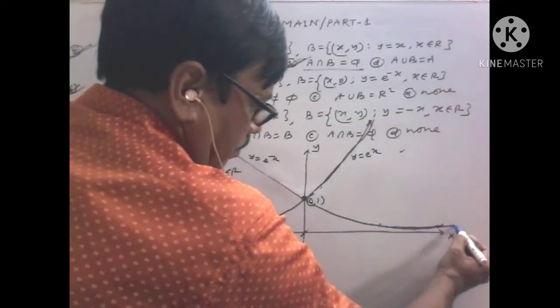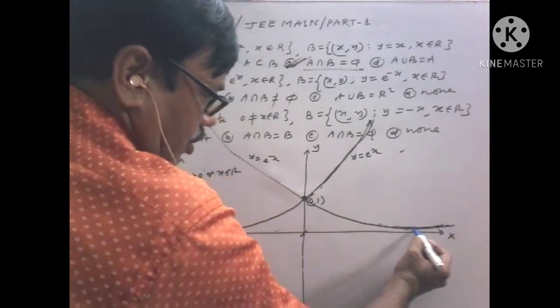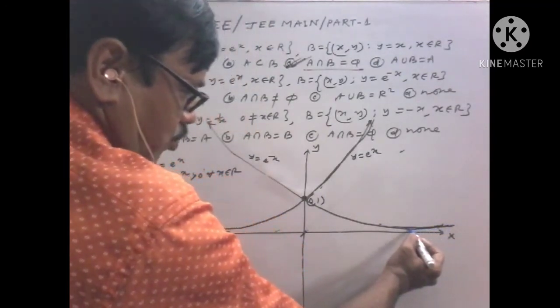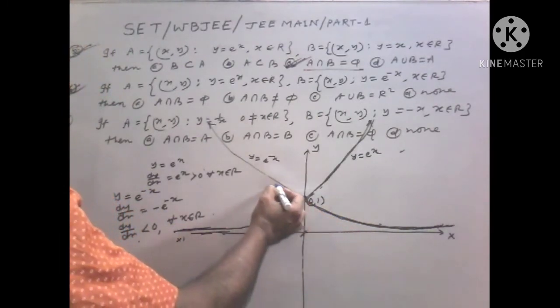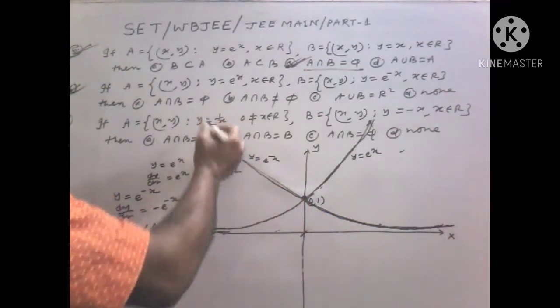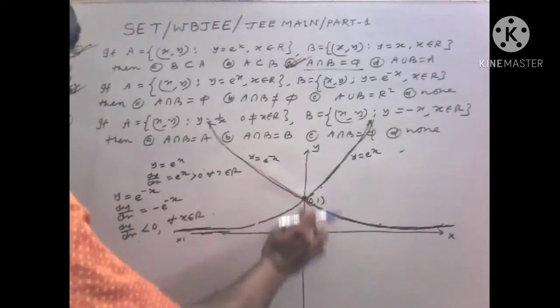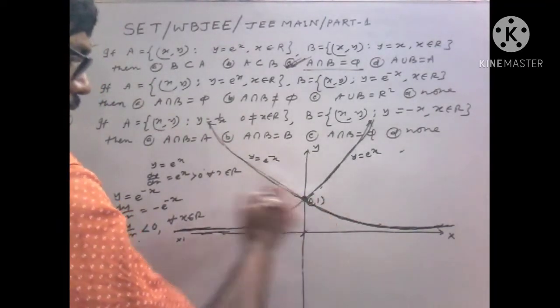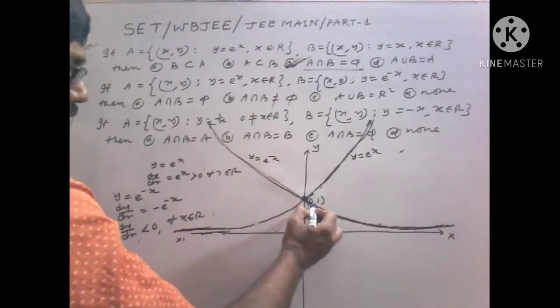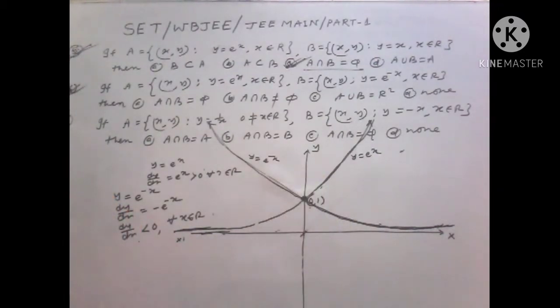At positive infinity this is 0, that is asymptotic behavior. Then look, this type of curve is decreasing. As x increases, y decreases. They intersect at 1. So look at the possible options.